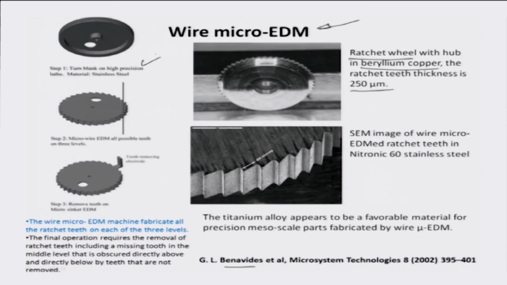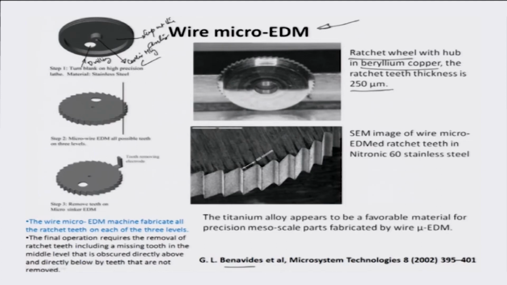The way to make it is that they take a blank and turn it on a high precision lathe, and are able to structure it so that there is a cup at the center. Then by other fine operations like drilling, the center mounting holes of this blank are formulated.